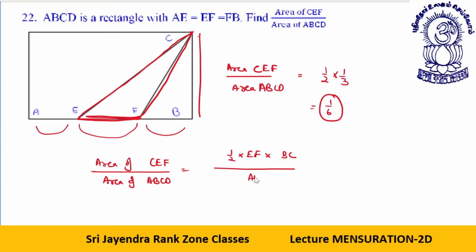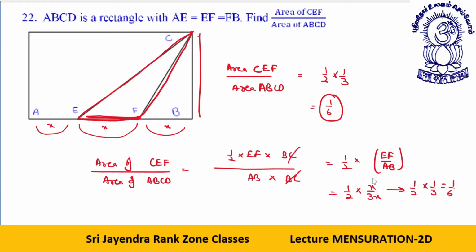BC and BC cancel. So this gives me half into EF upon AB. EF upon AB is what? If this is X, this is X, this is X, that is X upon 3X, or half into 1 by 3, that is equal to 1 by 6. Quite easily done. Okay, you can have a look over it.